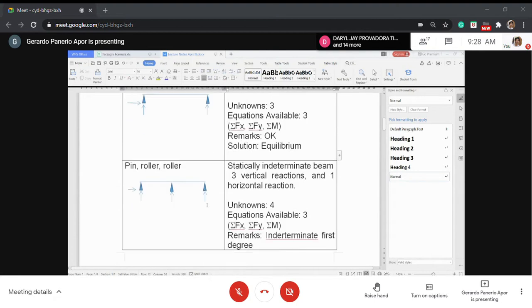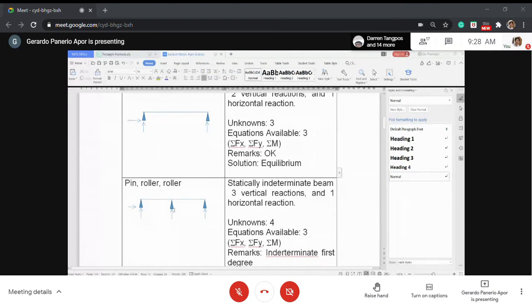Okay, so you have 3 available equations. Now, in my example, we have a beam with one extra support in the middle. So this happens to have 4 unknowns, no? Because one of the supports here must be a pin so that it cannot be dragged horizontally. There is still a horizontal support. So at least one will be a pin and the other 2 could be rollers.